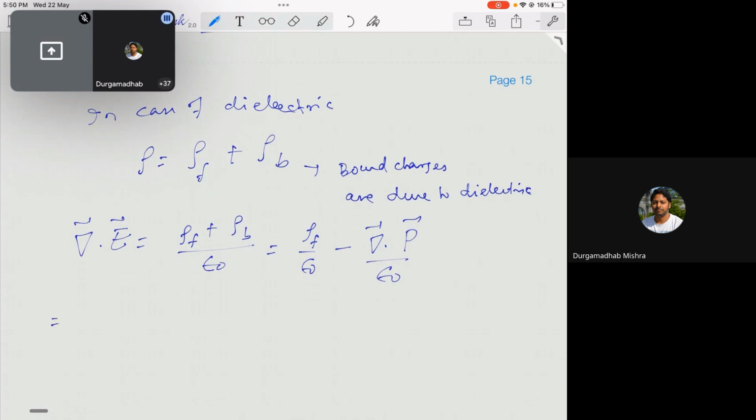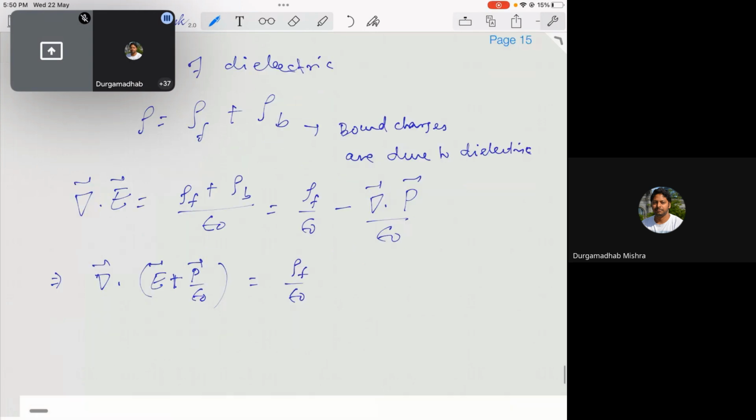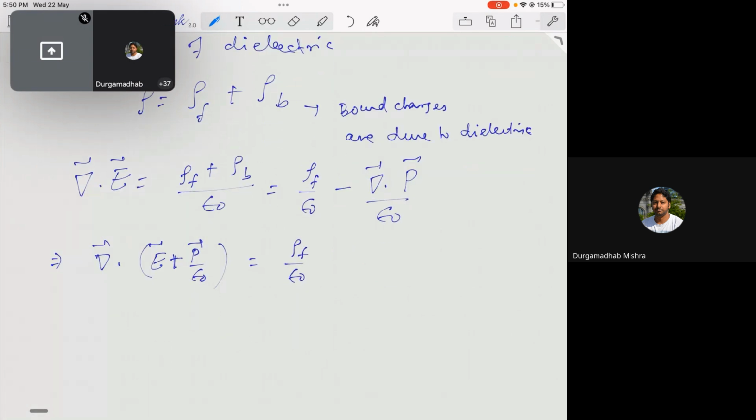And now we can write this equation in a simpler or different form. I will take the divergence term to the left-hand side. So this is P by epsilon naught, plus rho F by epsilon naught. I can simply write epsilon naught E plus P, and I will cancel the epsilon naught from the denominator.